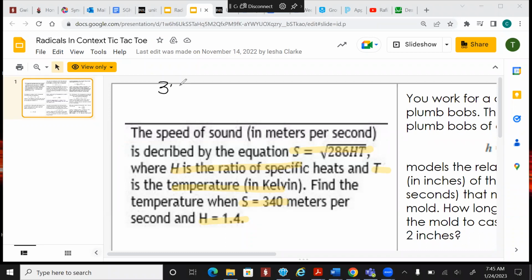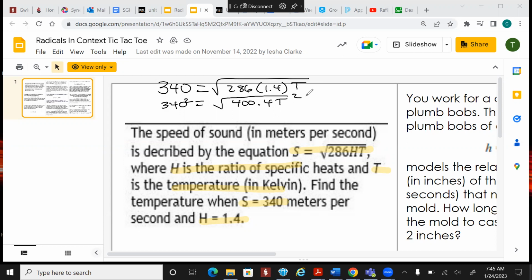S is 340, equal to the square root of 286 times H, which is 1.4, and we're trying to figure out the temperature. Okay, so if we multiply 286 times 1.4, we get 400.4 T. If we're trying to get T by itself, we're going to square both sides.